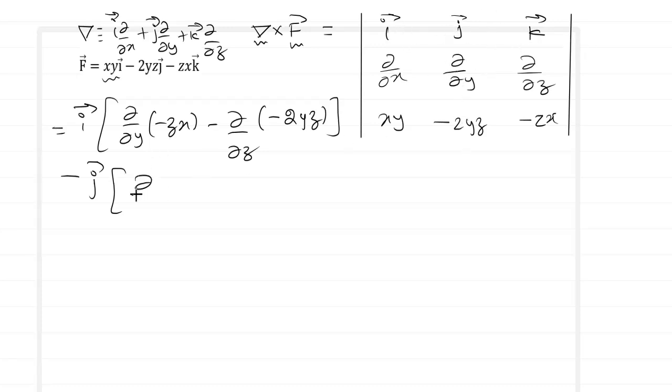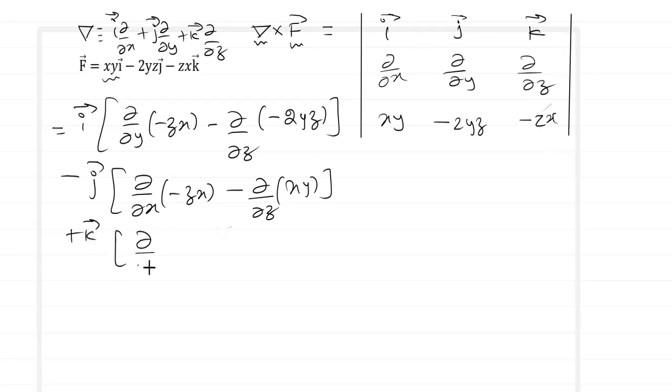What will be left out? Dou by dou x of minus zx minus dou by dou z of xy. Next, k times of, hide your k row and k column: dou by dou x of minus 2yz minus dou by dou y of xy.